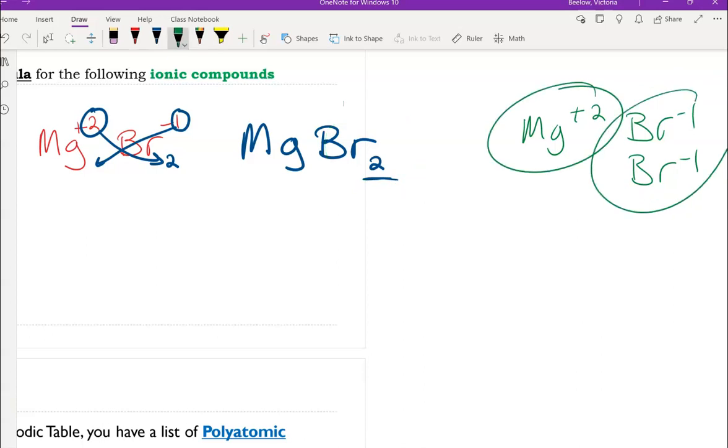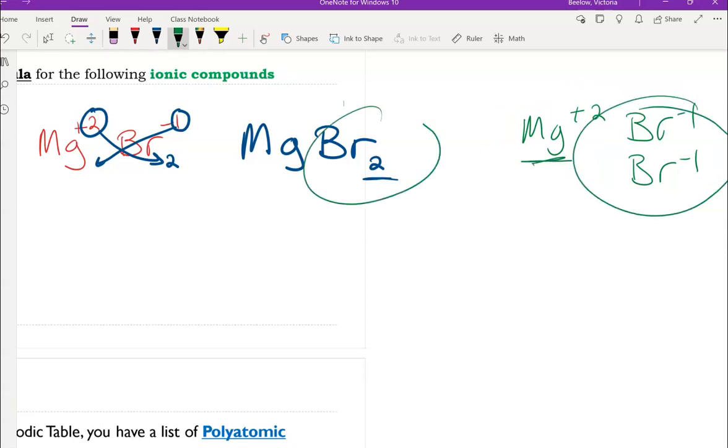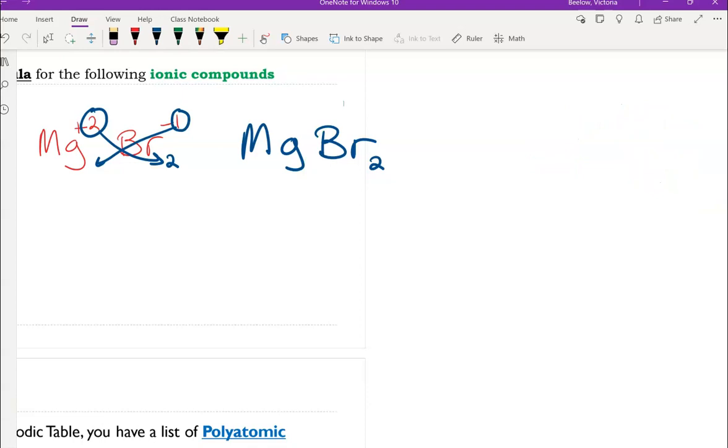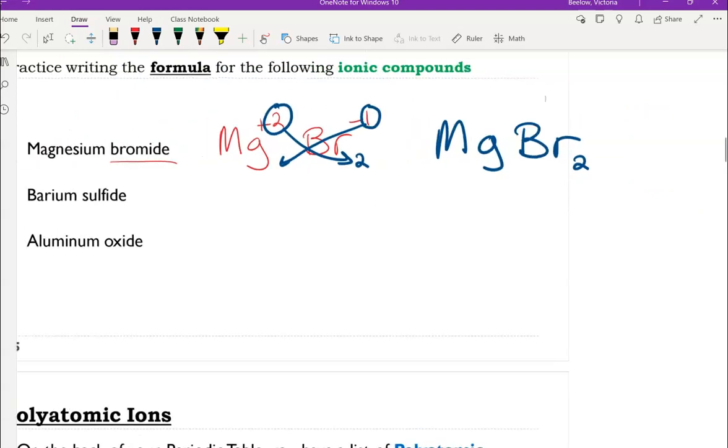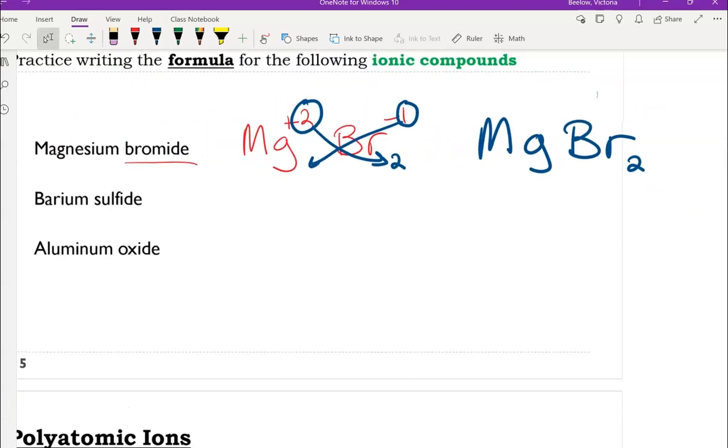So this would be +2, and you have two -1s. So overall, that would cancel each other out to give you an overall charge of 0. So there's one Mg and there's two Brs. That's kind of the why behind the formula. But I use the crisscross method just because it's a quick and easy, fast method to find the formula.